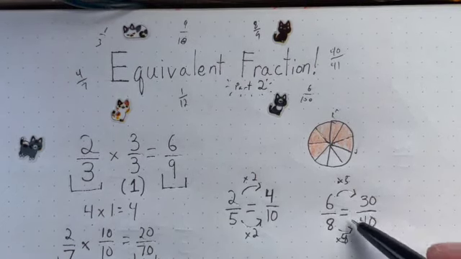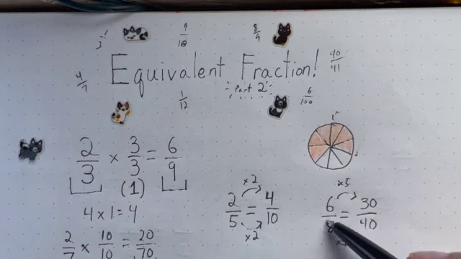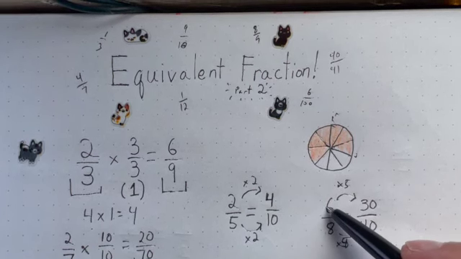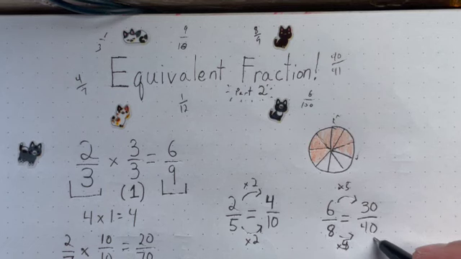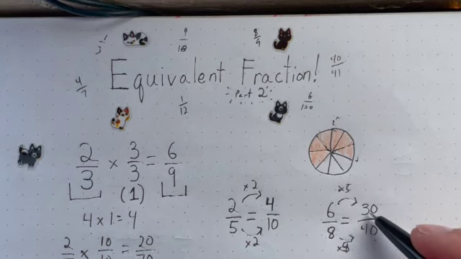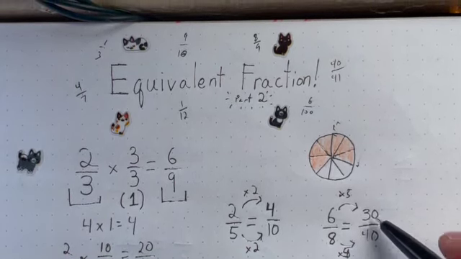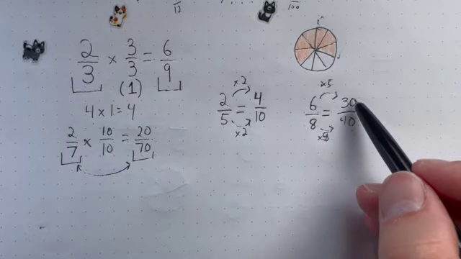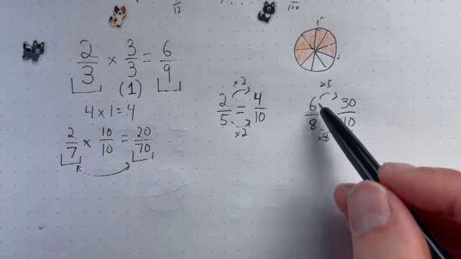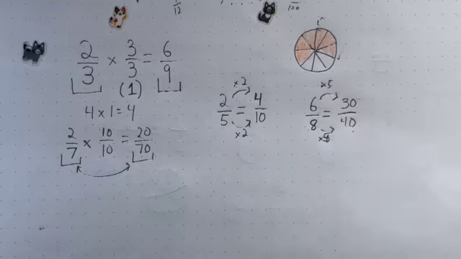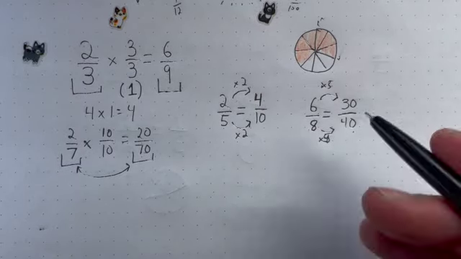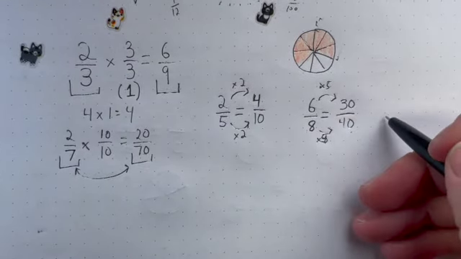A situation you could think of is, for every 8 pizzas, 6 of them are cheese. So if I had 40 pizzas, 30 of those would be cheese pizzas. These equivalent fractions keep the same ratio, the same relationship, or what they'll say is the same value, but it's represented with different numbers.